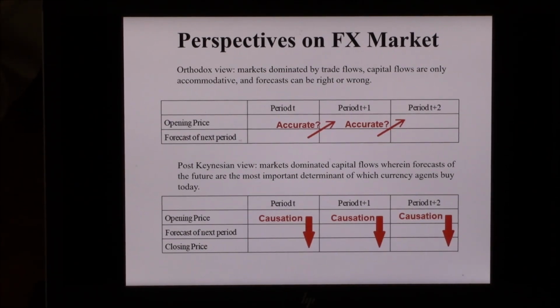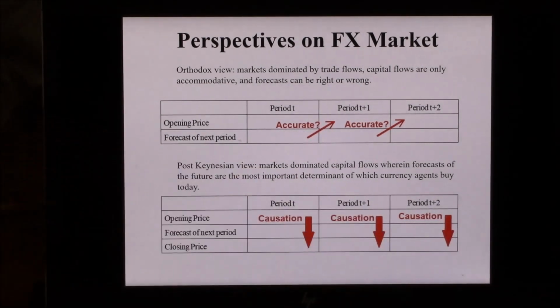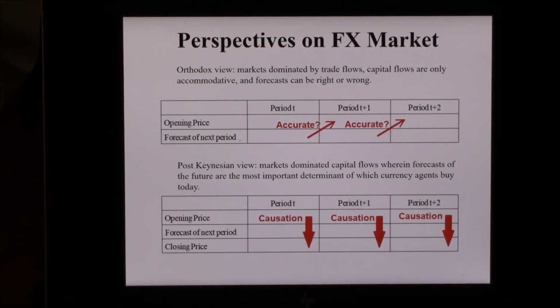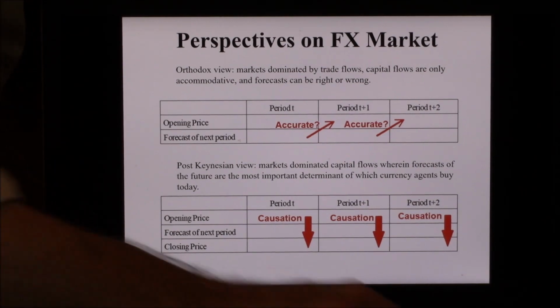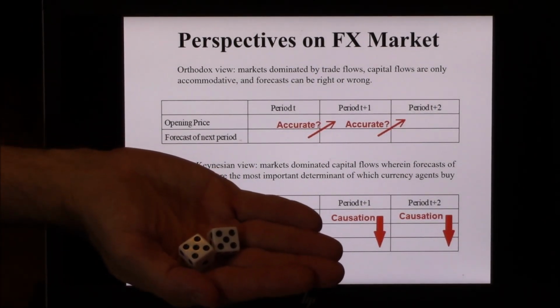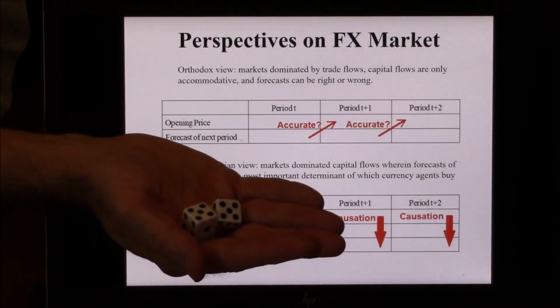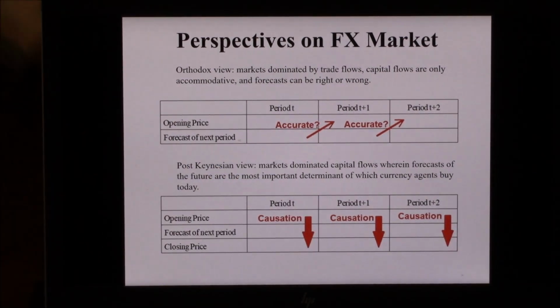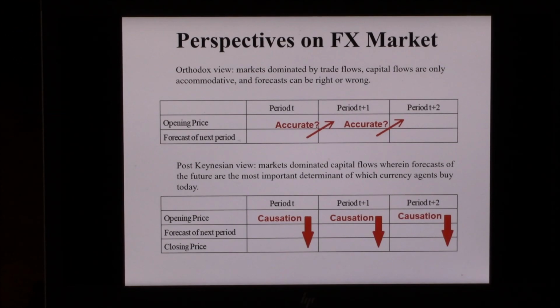What I want to get at here is the idea that in the neoclassical view, the forecast and the outcome are being considered independent of one another. Our forecasts have no impact on the outcome. In the post-Keynesian view, it's saying the aggregate forecast is the outcome. The aggregate forecast creates the outcome.